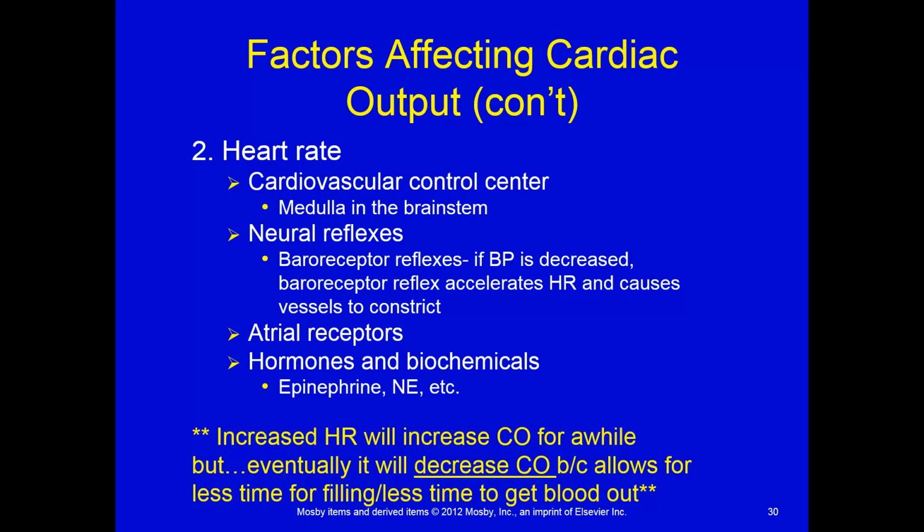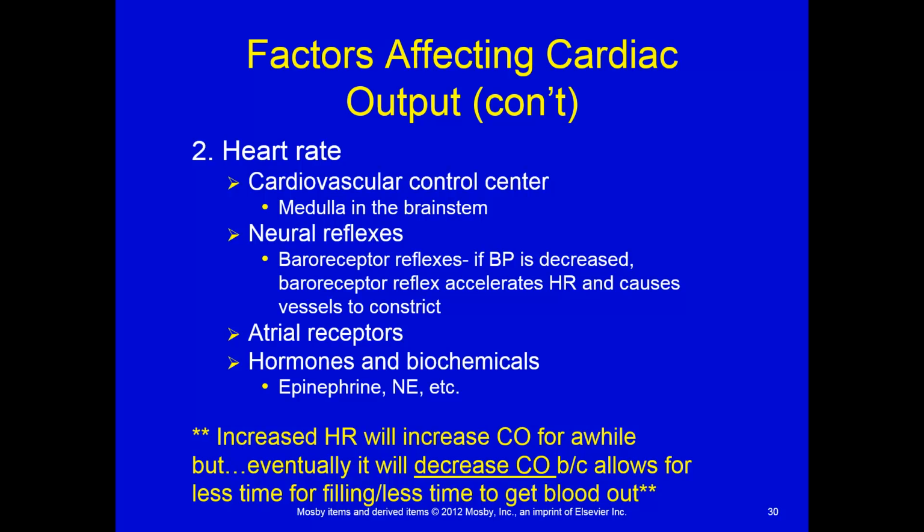Try to get that blood pressure up. If there's decreased blood pressure, that means basically there's probably decreased blood getting to our organs, right? So the baroreceptors try to increase heart rate to compensate, to get that blood circulating again and get that blood going back to the tissues, to the organs, to the kidneys, to the liver. Get that back to those organs, okay?